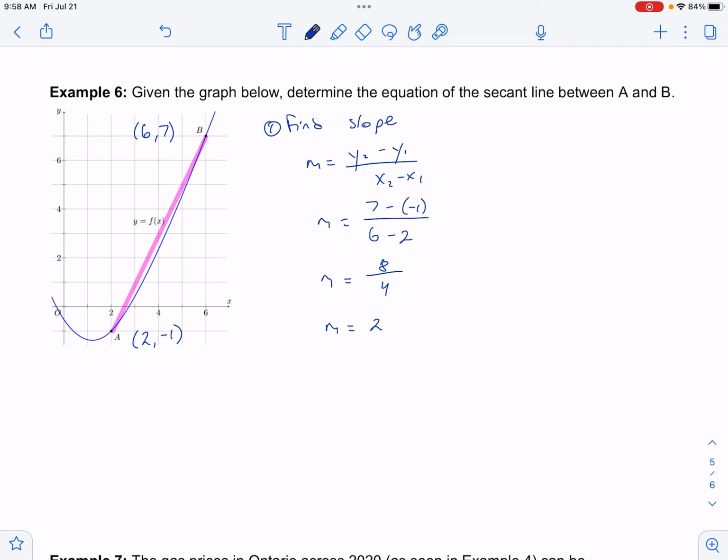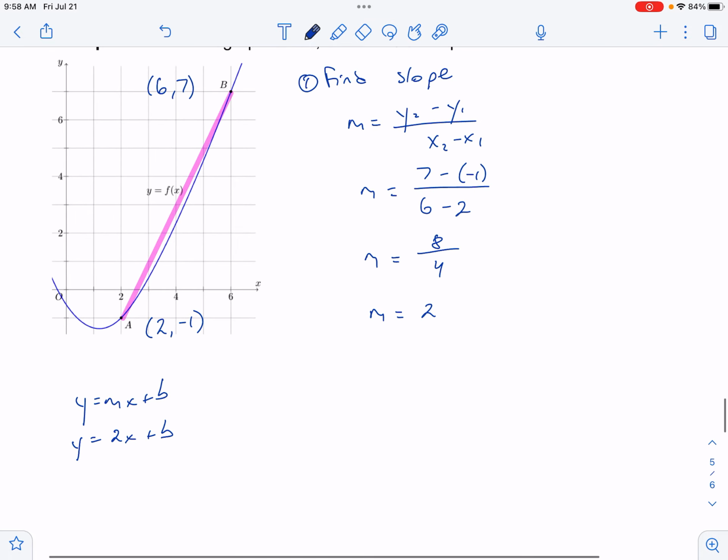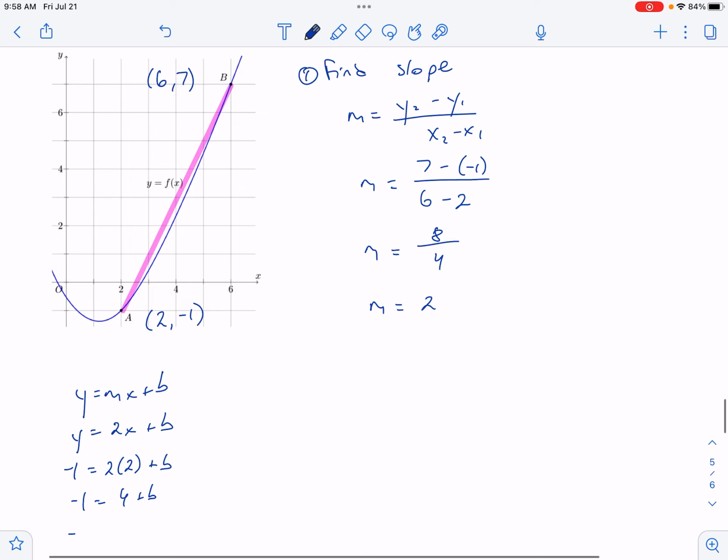And now I need to figure out what my y-intercept is going to be. I plug in my m value, and then I'm also going to plug in the value of one of my coordinates. I'm going to pick the coordinate 2, -1. And I'm just going to rearrange here, and I'll get -5 is equal to b.